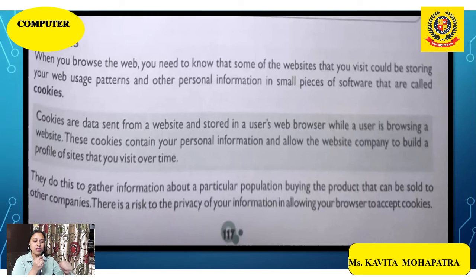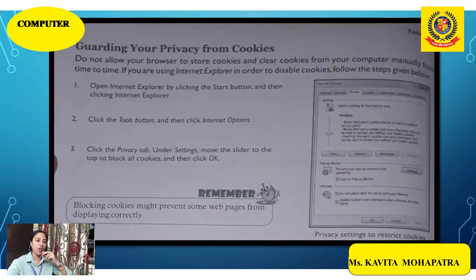So there is a risk to the privacy of your information in allowing your browser to accept cookies. So, guarding your privacy from cookies: do not allow your browser to store cookies and clear cookies from your computer manually from time to time.